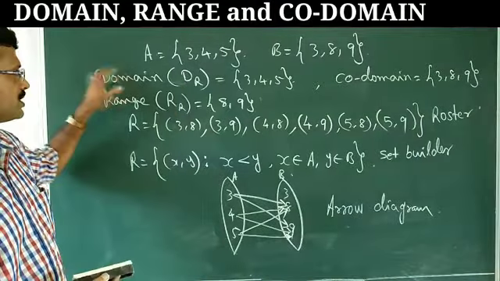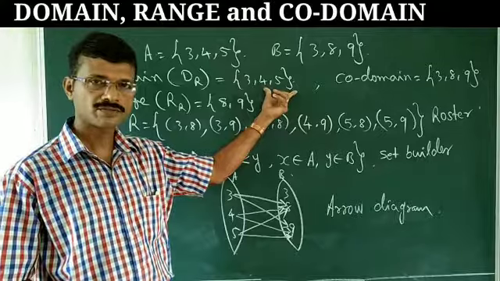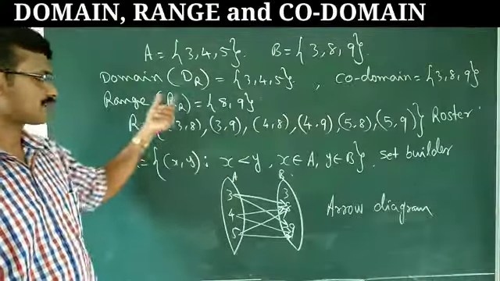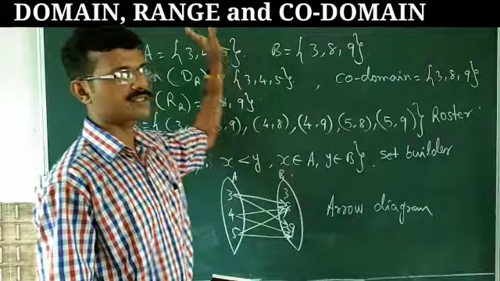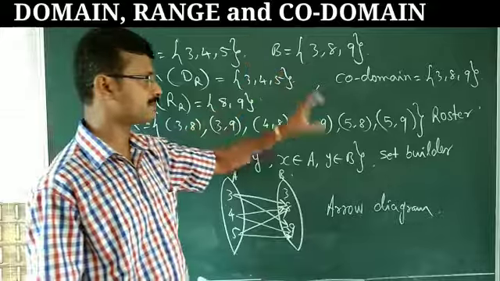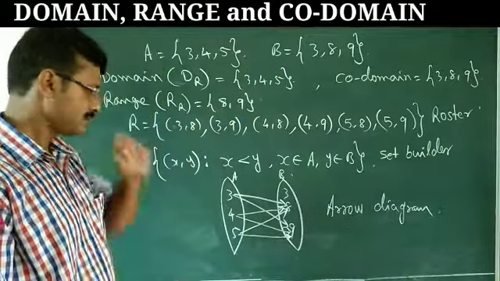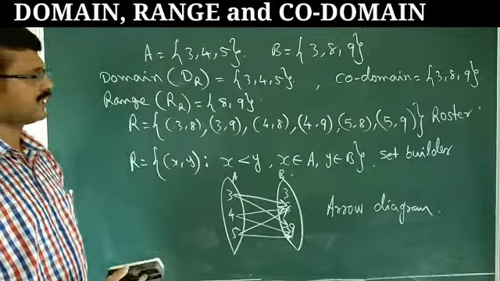Alright, so you have to know these 3 terms. Domain of a relation means the set of all x components. Range means the set of all y components. But when it comes to codomain, if the relation is set from A to B, then the codomain is the set B. So these are the things we need in this topic. After that, we can go to the exercise.